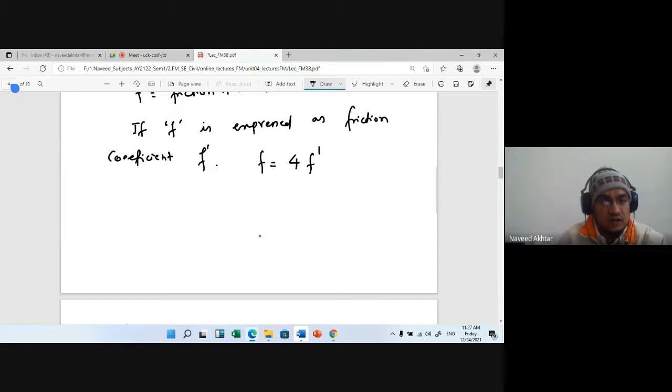So if I write down, HF will be equal to 4 F dash L V square upon D into 2G.